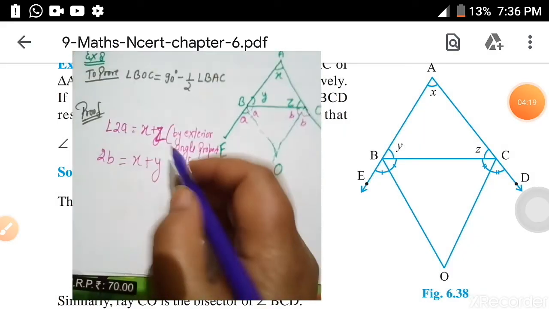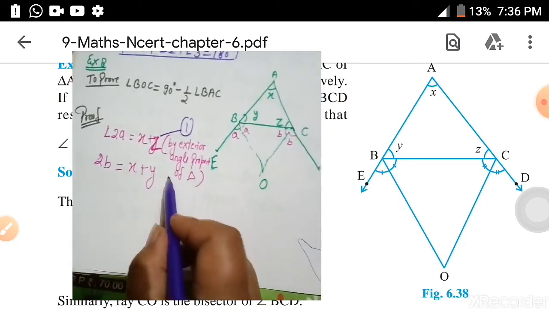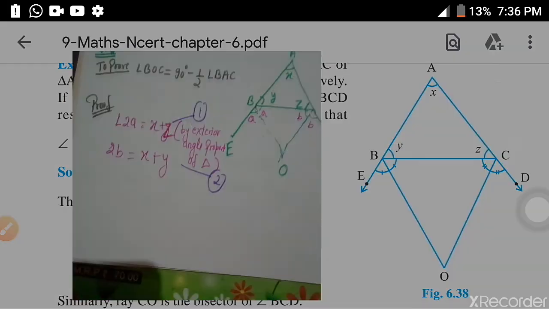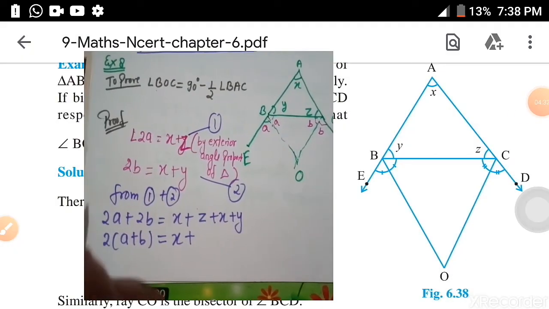We can assume the upper one as equation number 1 and the lower one as equation number 2. Now if we add equations 1 and 2, what will we find?